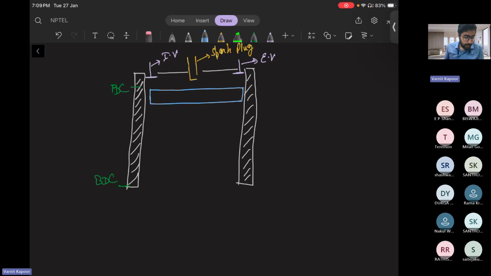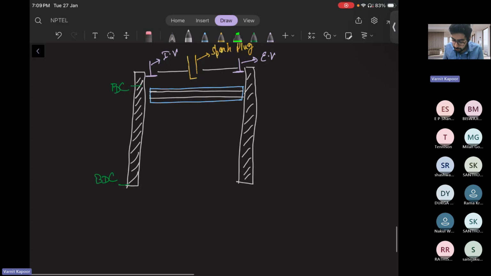And we have something called the piston ring inside it. And there is a pin here in the piston, that is your gudgeon pin.